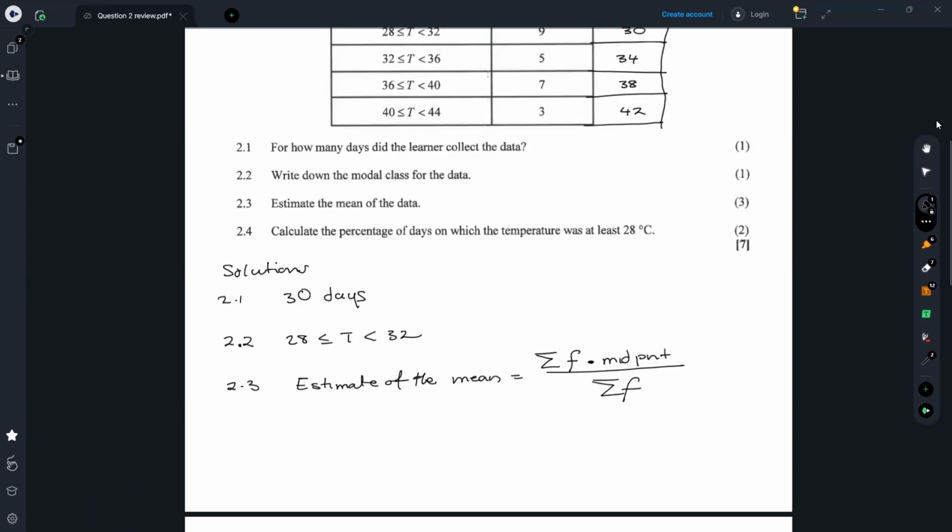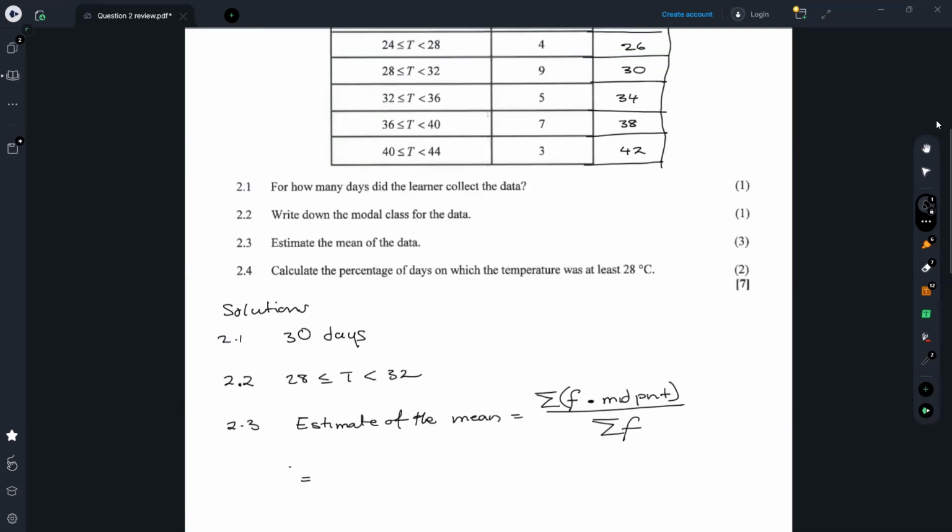So hence we need to find the midpoint, because we are going to say the sum of f multiplied by the midpoint like that.